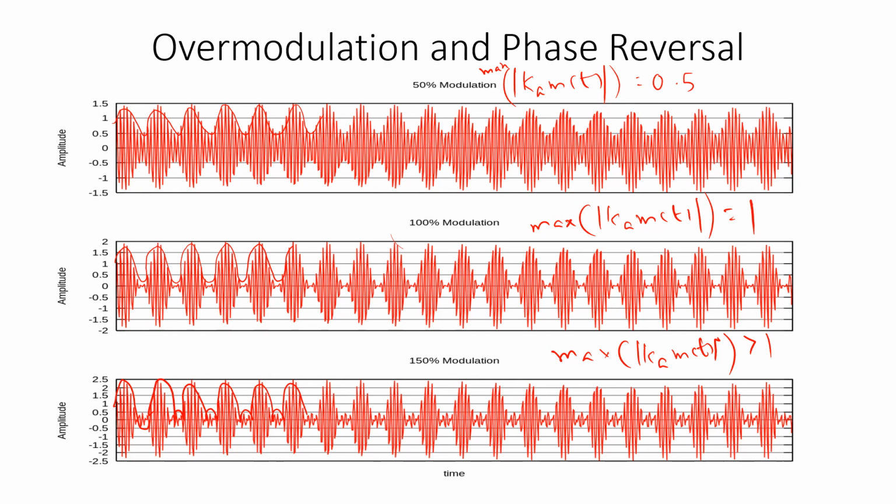Maybe with very complicated receivers we can extract the envelope, but it is not as simple as standard AM with modulation index less than 0.5. So this is what happens.